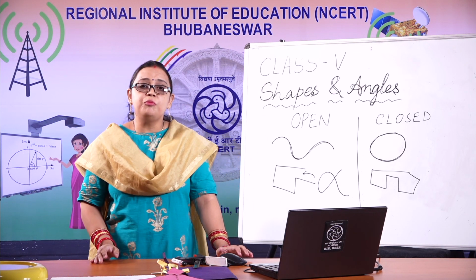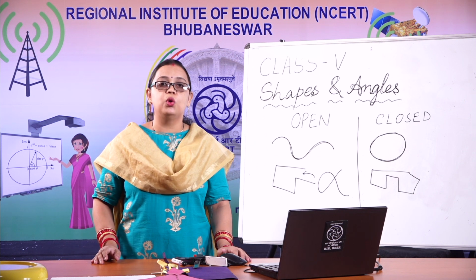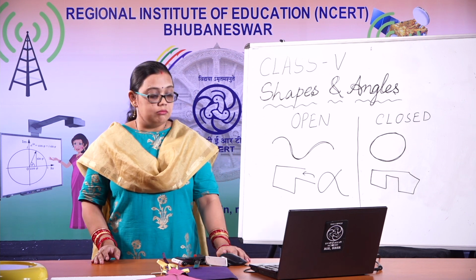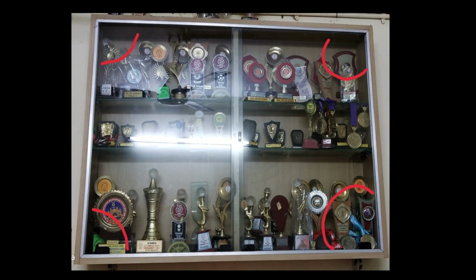See, some of the furniture at your home, doors, windows, walls, everywhere you can find angles like this. Even you can make angles using your body. Look at this boy. Here, his arms are making an angle like this and like this one.